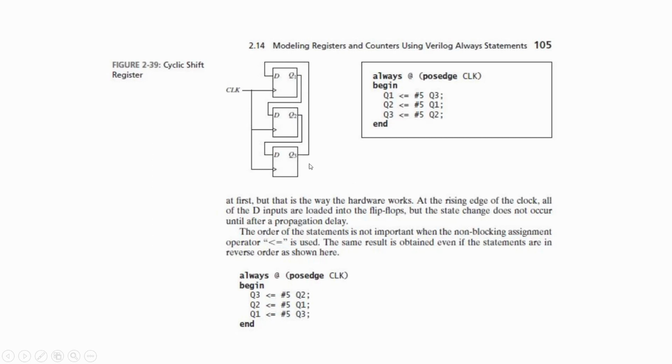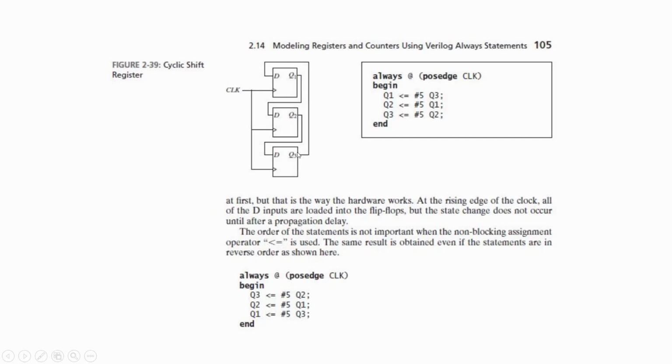So what it means here is, when Q1 is equal to Q3, the output of the first flip flop Q1 should have an input to the first flip flop's input D. Let's say D1, D2, D3 for these three flip flops for better understanding. The output Q3 from the third flip flop is fed to our first flip flop's input.